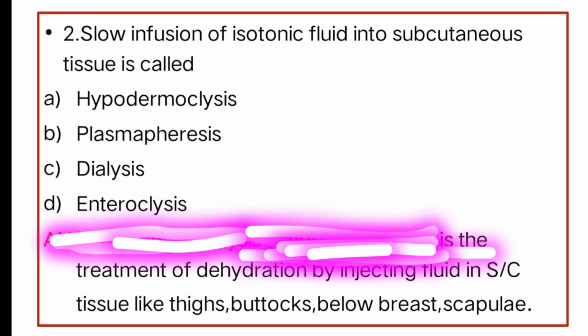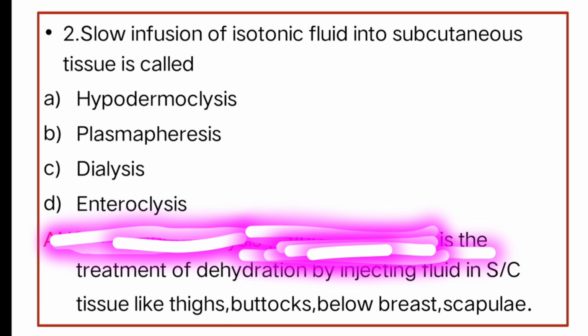Next is, the slow infusion of isotonic fluid into subcutaneous tissue is called. Option A hypodermoclysis, option B plasmapheresis, option C dialysis, and option D enteroclysis. According to this question, the slow infusion of isotonic fluid like NS or RL is administered into the subcutaneous tissue. The correct answer is option A, hypodermoclysis.